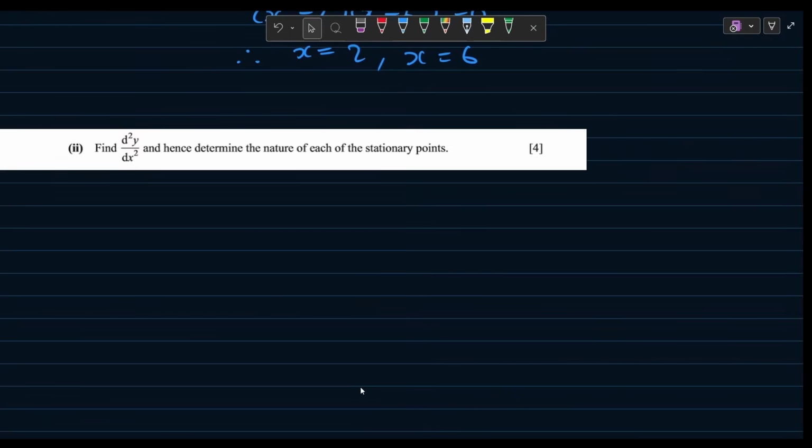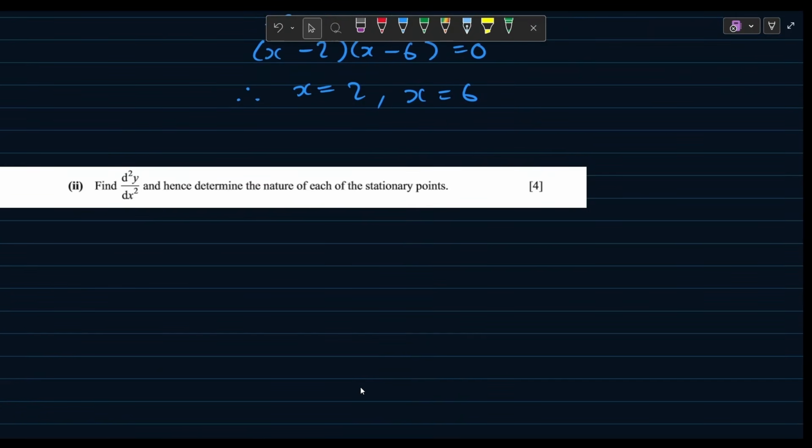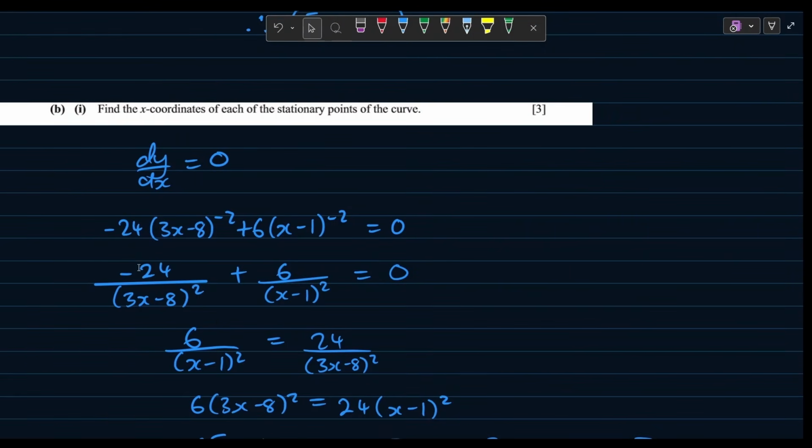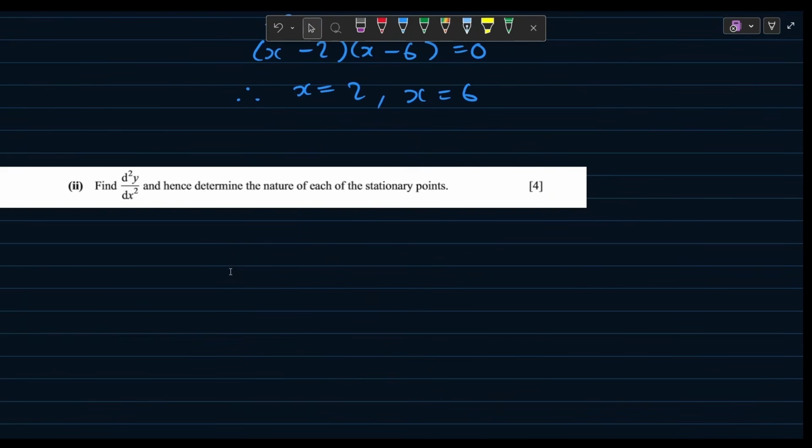Now part 2 says find the second derivative and hence determine the nature of each of the stationary points. Okay. So we know that our dy/dx was this expression here, so I'll just copy that. This is dy/dx. And we need to find the second derivative. So we need to differentiate this.